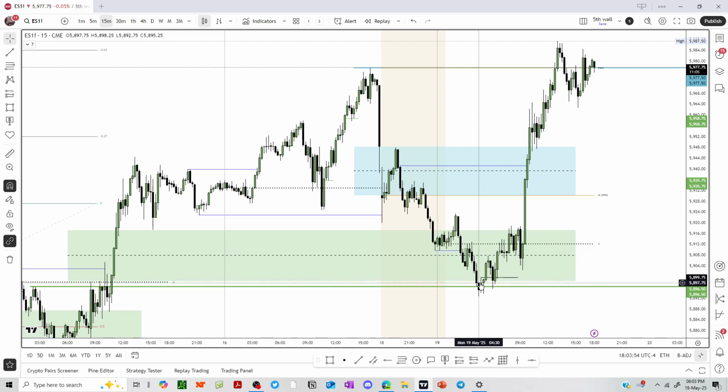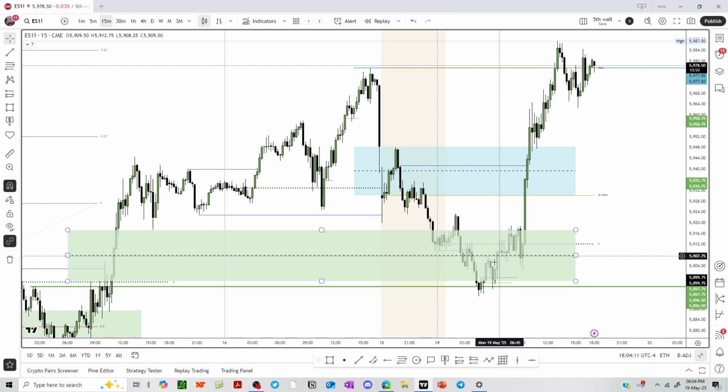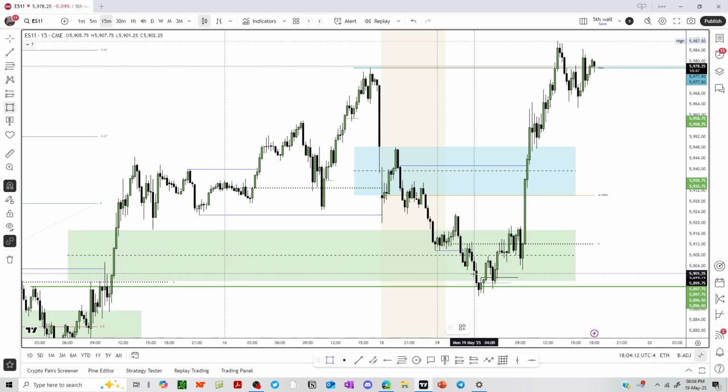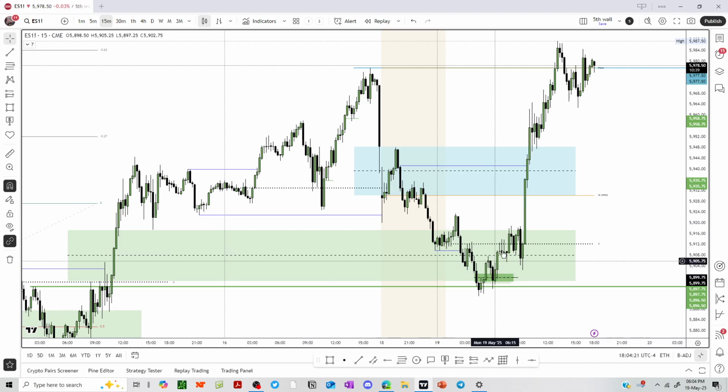So you have that trading into this order block on the 15-minute time frame, if you do trade order blocks. Otherwise you're just going to stick to this inverted fair value gap here. Golden. And that's optimal trade entry.